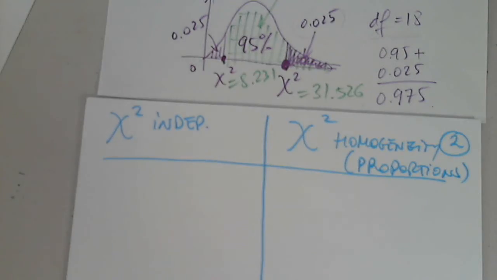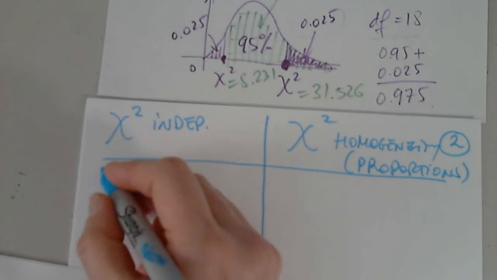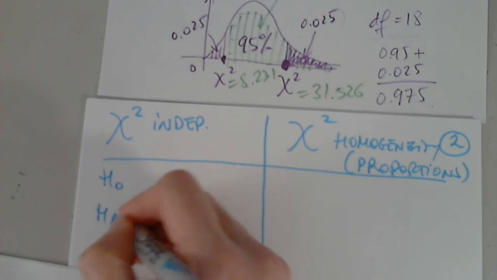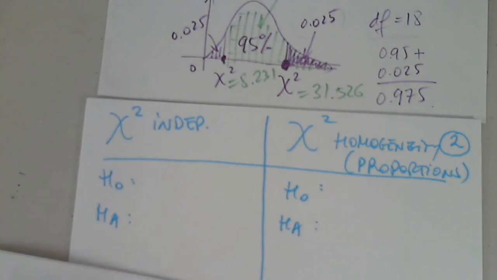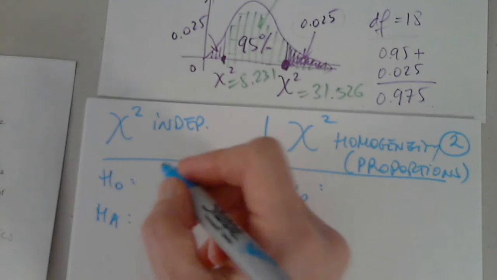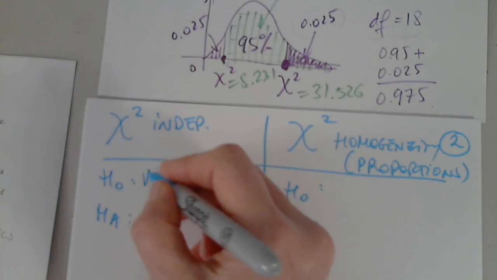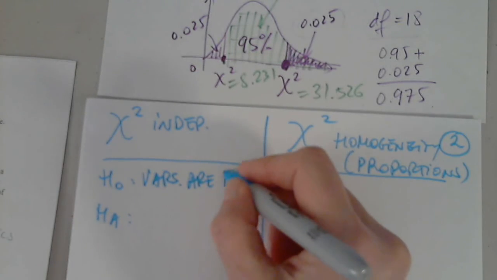Okay. So conditions of the test, the hypotheses will be different. So let's write the hypotheses first. The test will be conducted in the same way. Here the variables are independent.